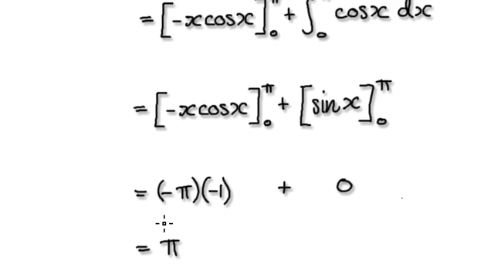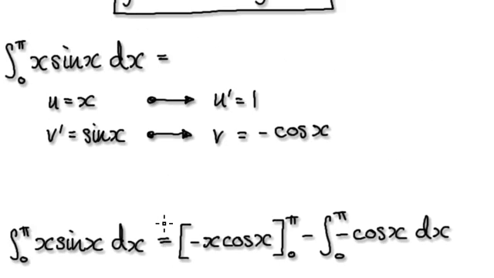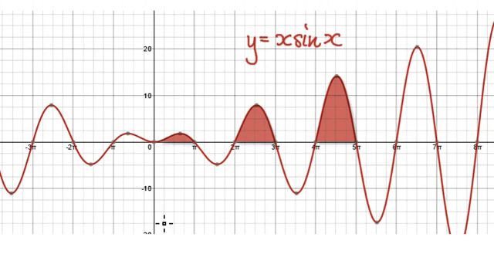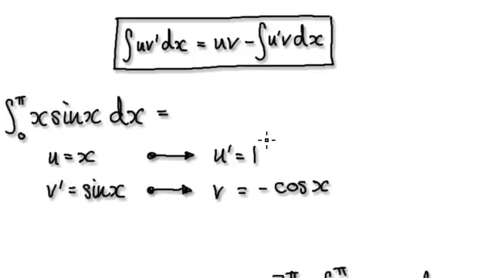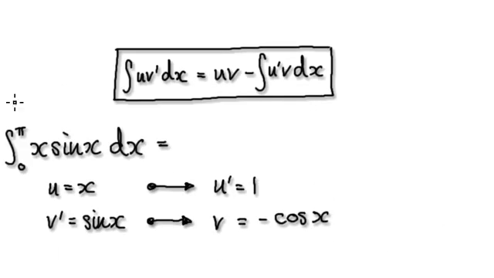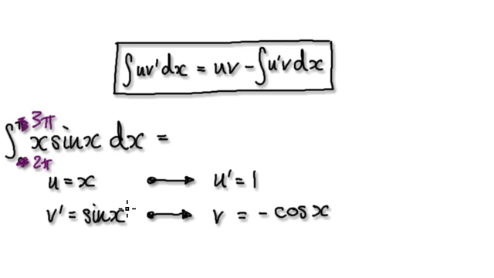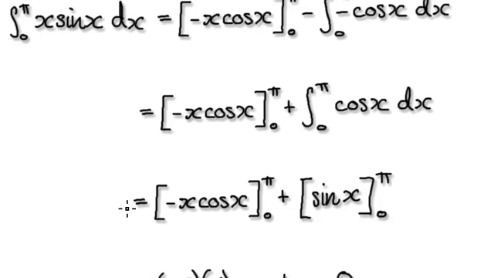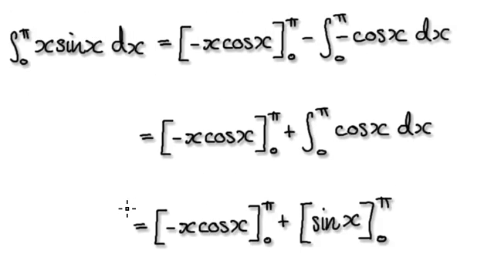Now we need to look at the area of the second hump. The second hump would be from 2 pi to 3 pi. Rather than following through the whole process again, let's just jump in at this stage here.